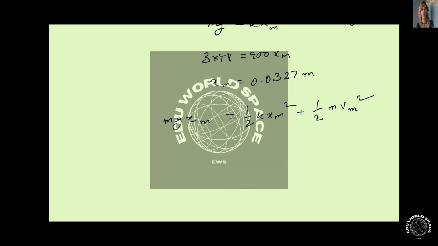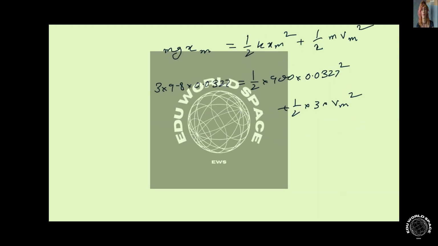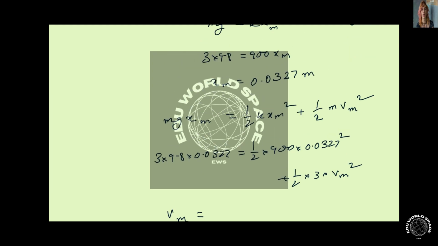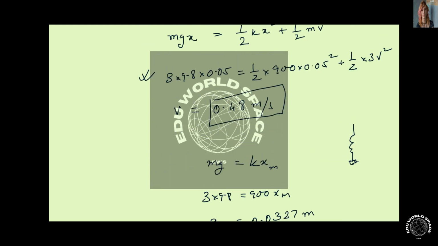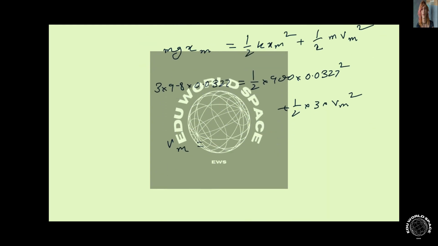So this is 3 times 9.8 times 0.0327, equal to half times 900 times 0.0327 squared plus half times 3 times vm squared, right? So let's see how much we're getting as vm. The speed will be 0.56 or 0.57, you can take meters per second, as the maximum speed.